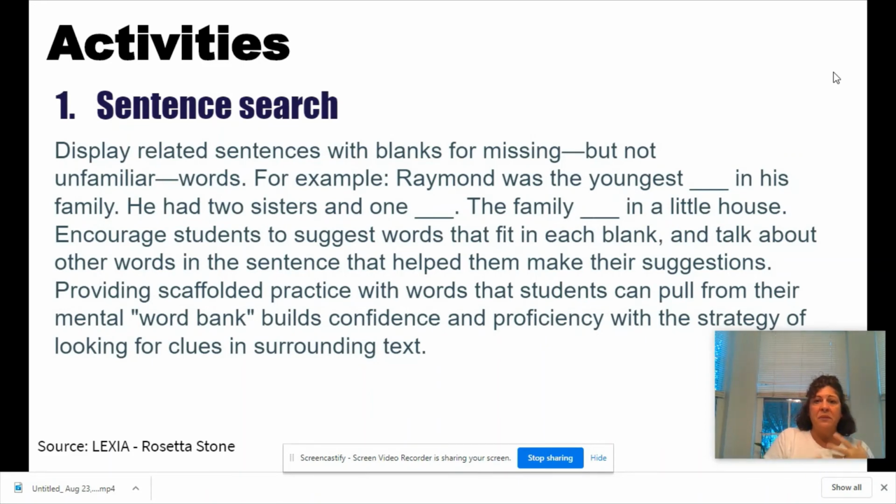For example, Raymond is the youngest blank in his family. I'll probably even put a picture there with different brothers, and I will probably point to the youngest, so that they know exactly what I'm talking about.